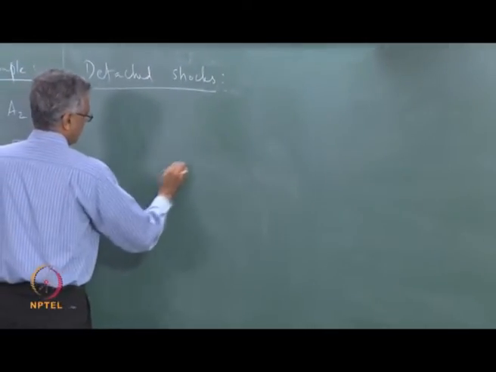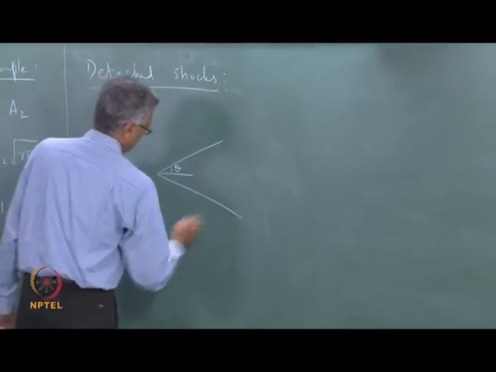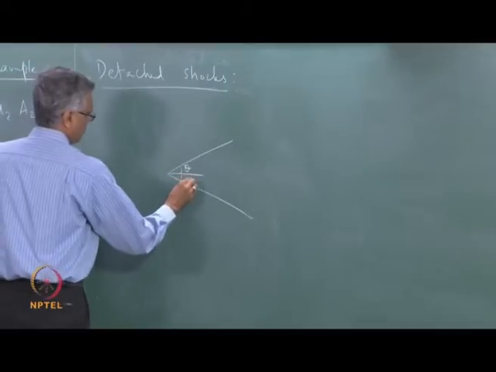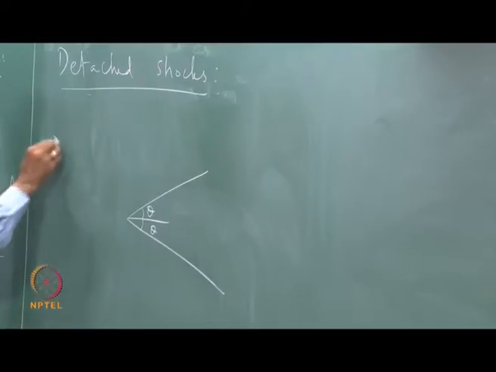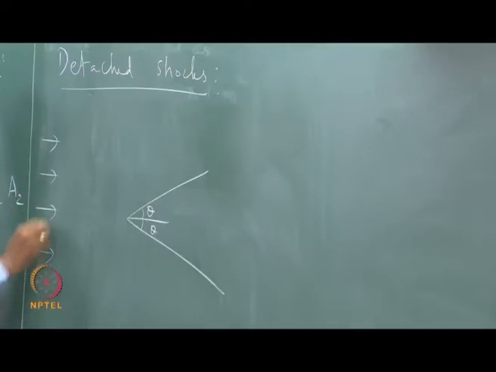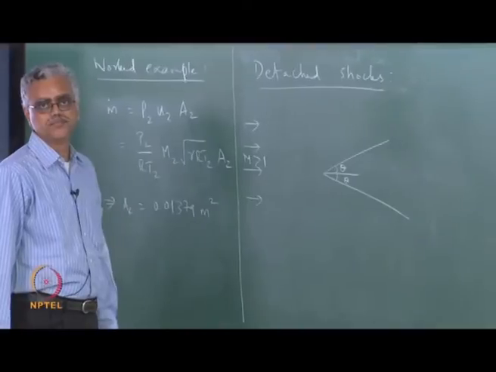Let us say that we have a wedge with a semi-vertex angle theta like this. So, this is also theta, and let us say that supersonic flow approaches the wedge.